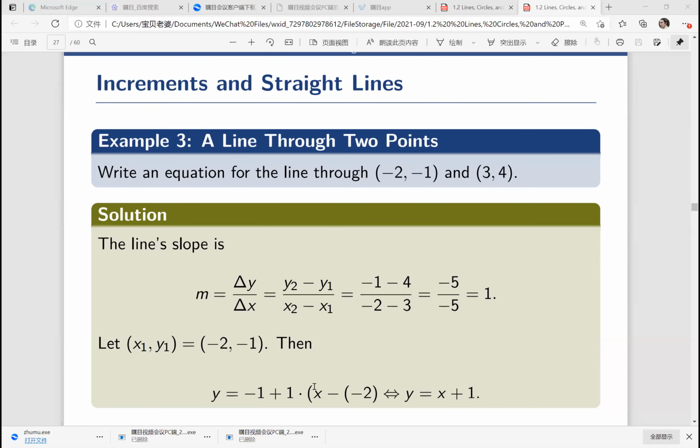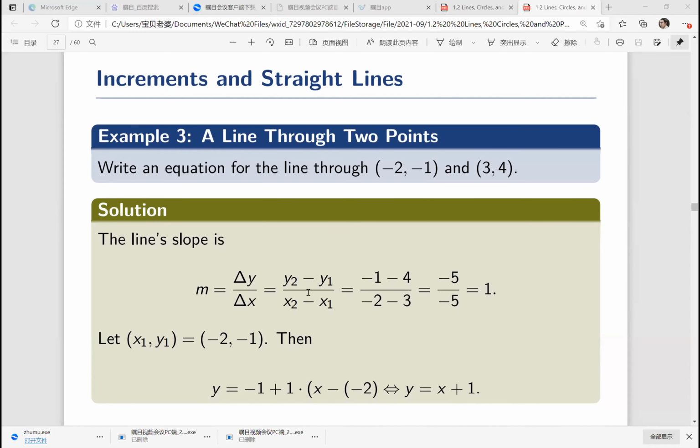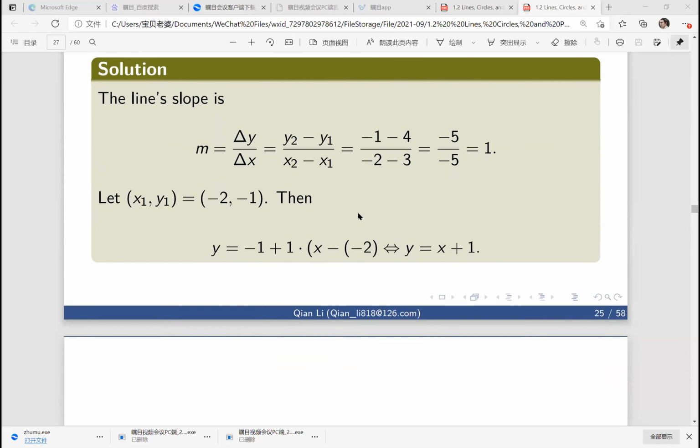So the equation of this line will be y is equal to x plus 1, right? So this is the equation of a line if it passes through 2 points. Okay, this is the second one. If we know this line passes through the 2 points, we can write the equation of this line.